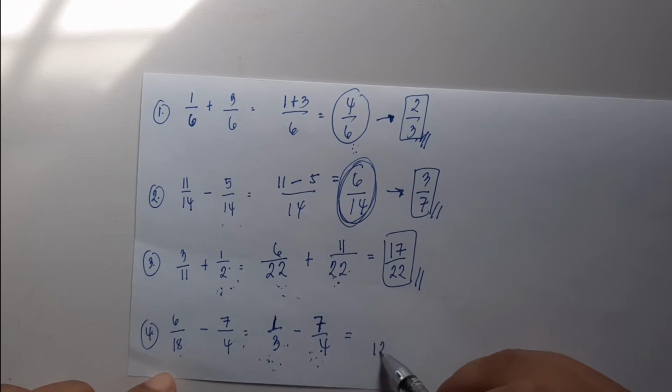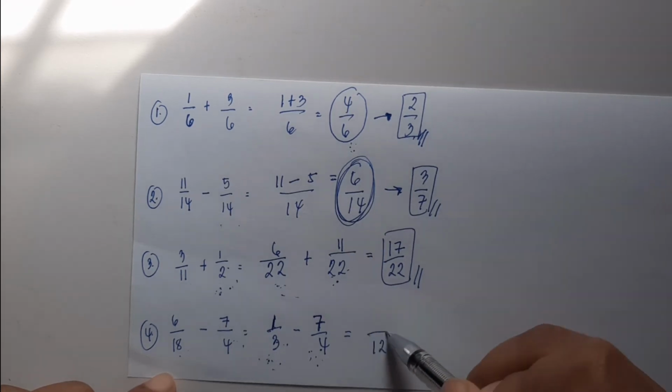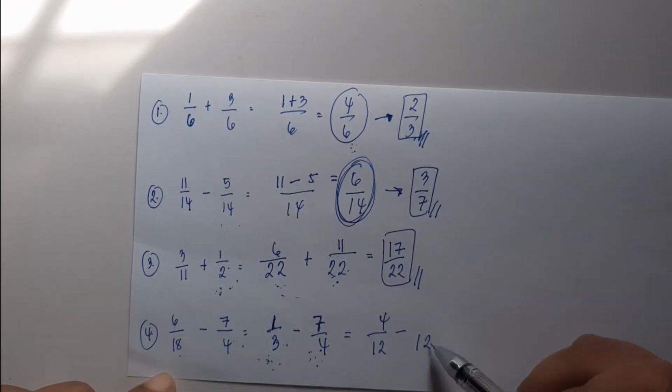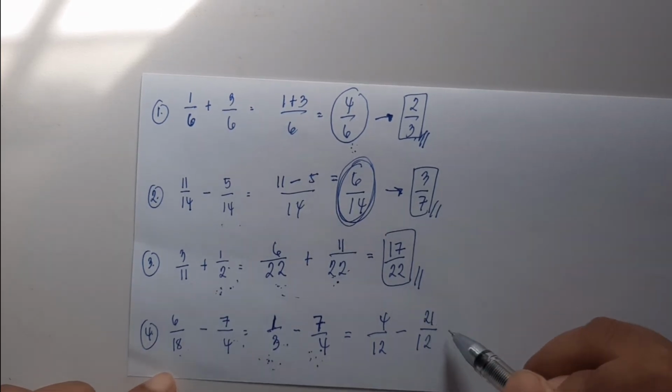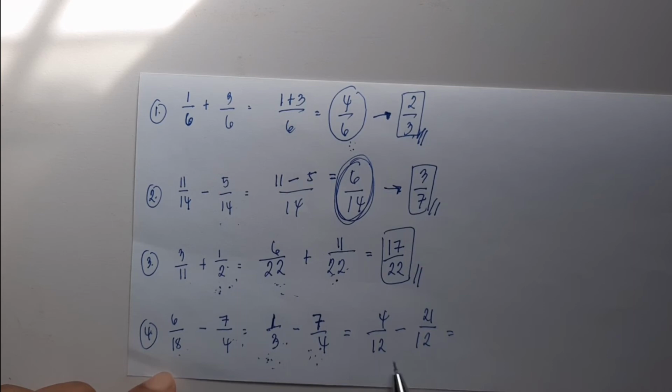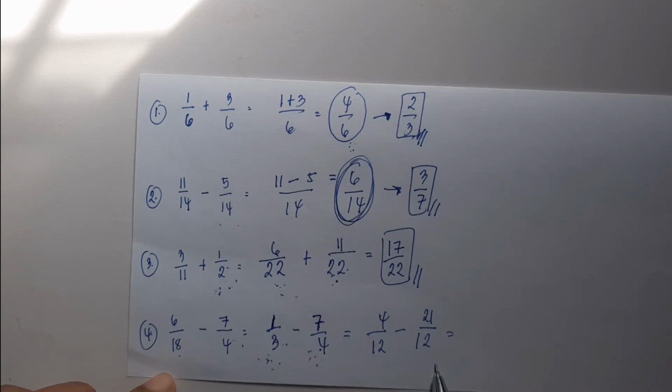Yes, we have 12. So 12 divided by 3 times 1 is 4. 12 divided by 4 times 7 is 21. And since they have the same denominator, we can right away add or subtract the numerator.